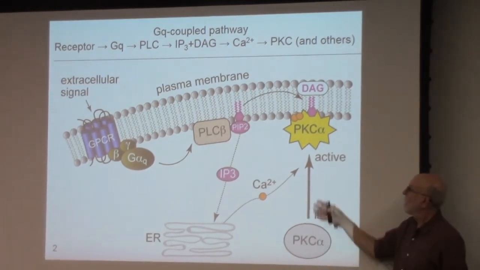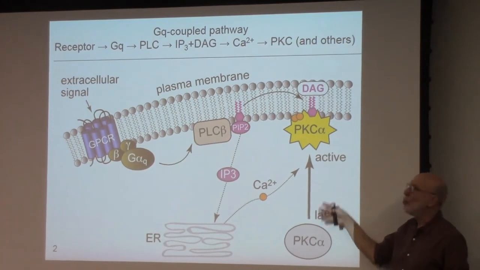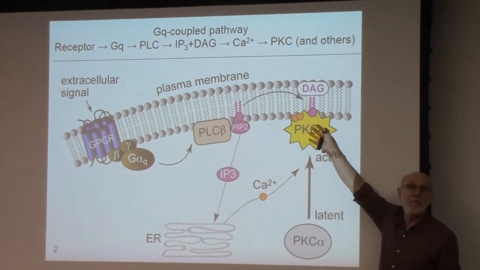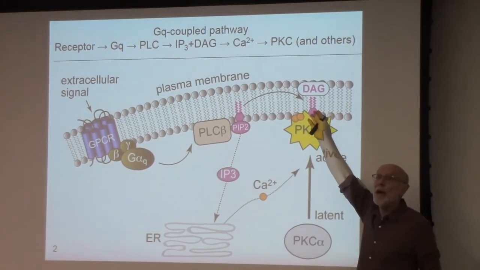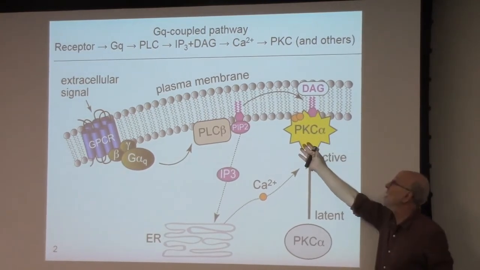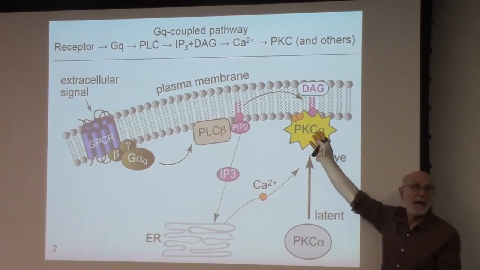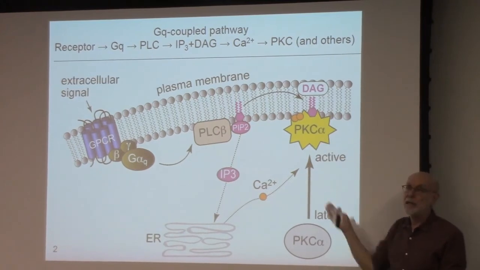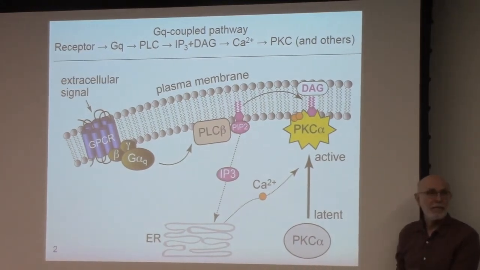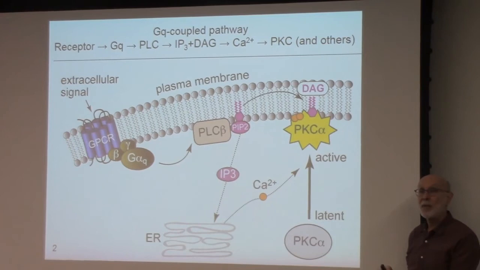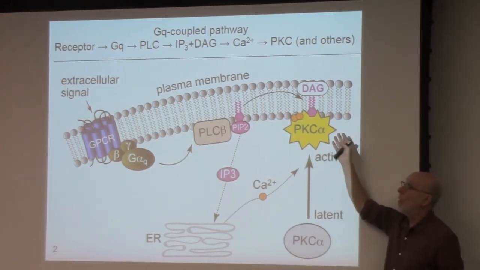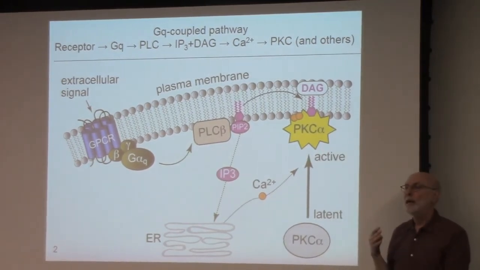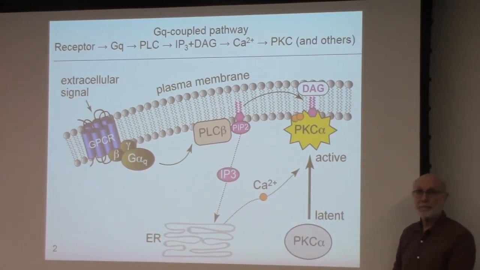When bound to calcium, it mobilizes and becomes membrane associated because of its interaction with diacylglycerol, and it is now an active kinase. It phosphorylates a lot of things and changes the cells. So there's the signaling pathway for the turning on of a protein kinase, of a Gq pathway.